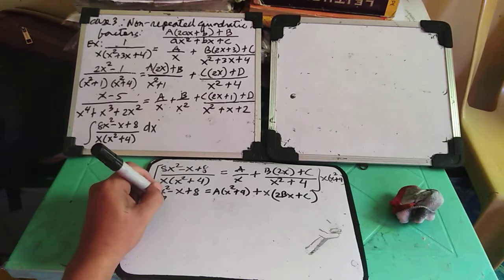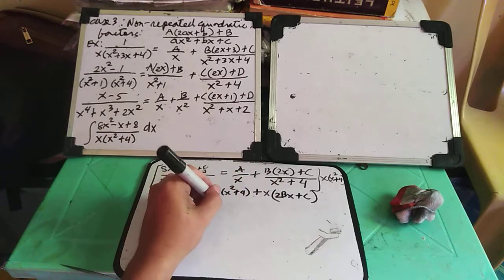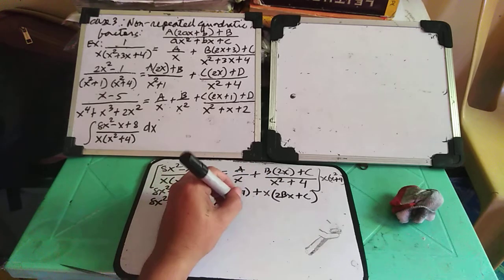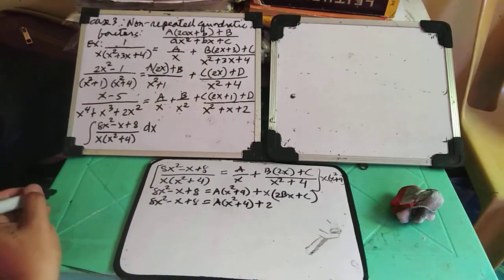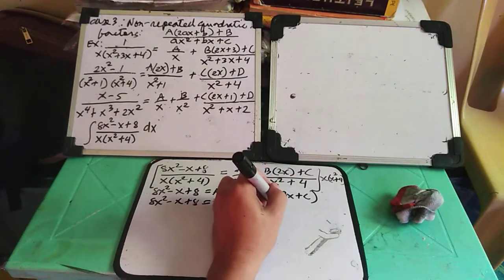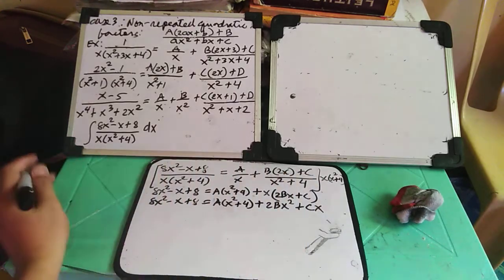Then distributing x on the second term, we have 2bx squared plus cx.